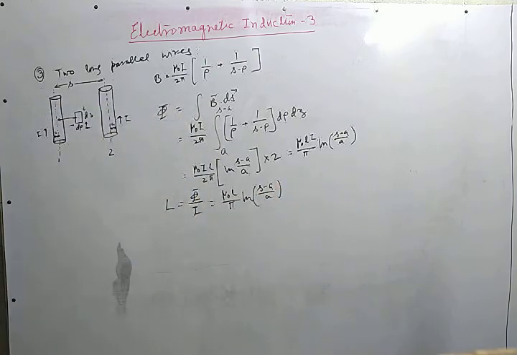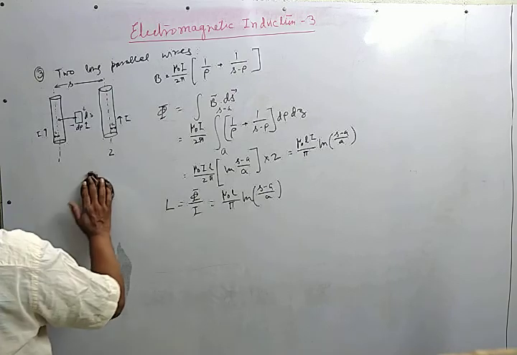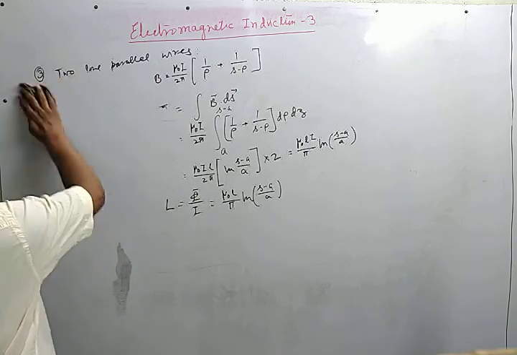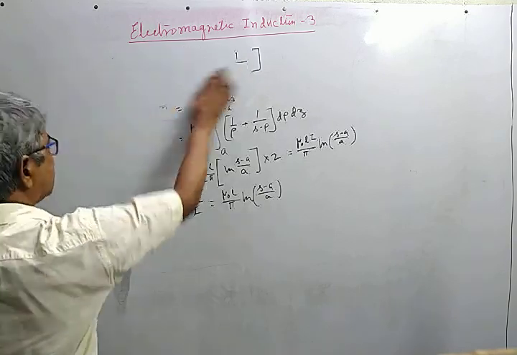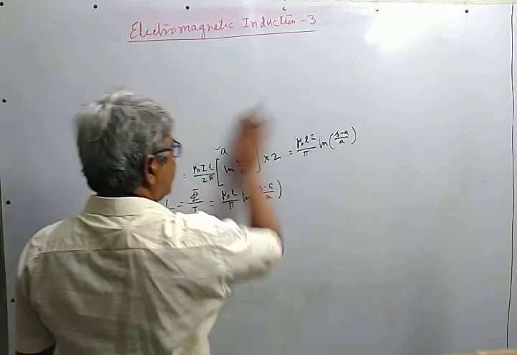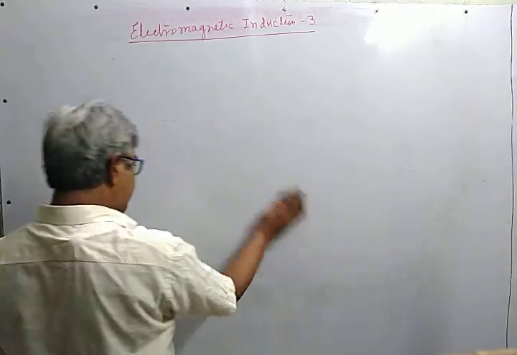This is the fourth example. We consider a toroid, and this is the last example for the calculation of self-inductance that I am going to consider.